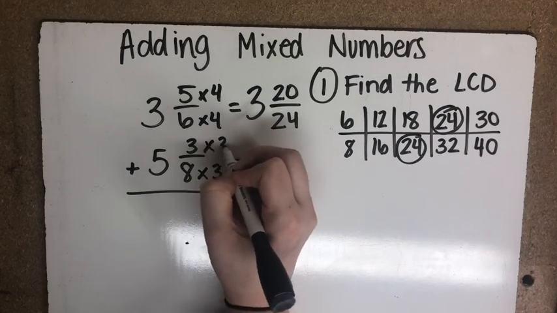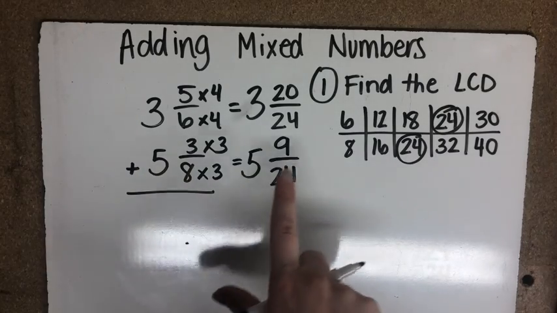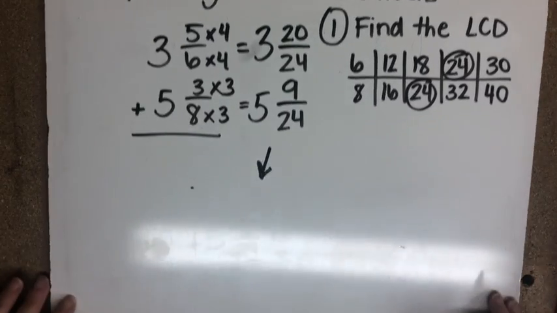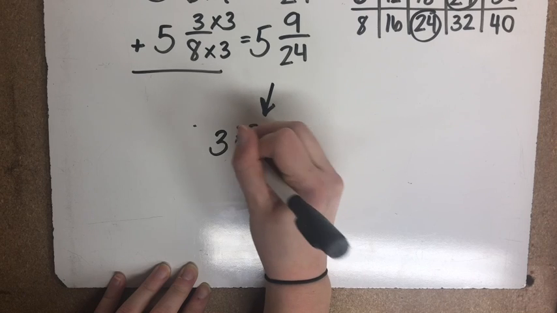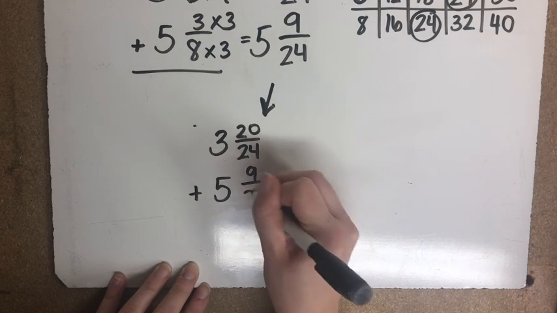So I also need to do that up top. So 5 3/8 becomes 5 9/24. I'm going to rewrite this below. I have 3 20/24 plus 5 9/24.